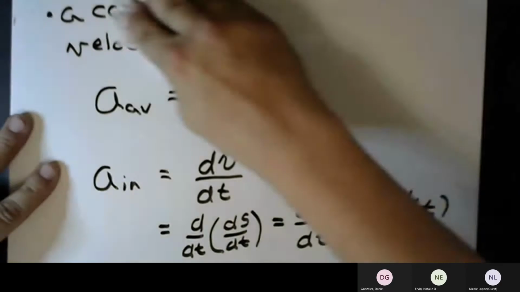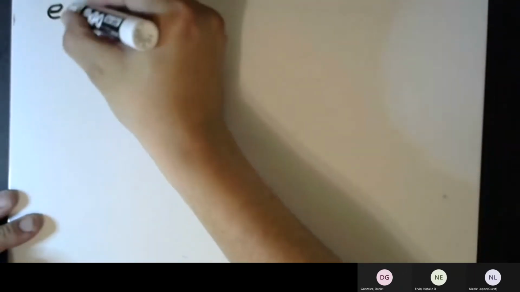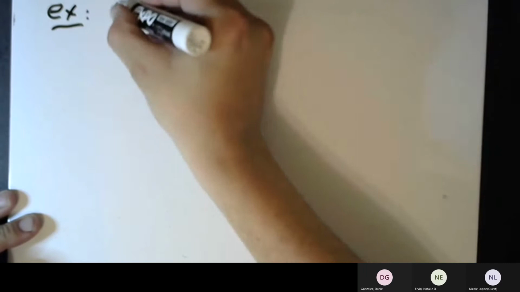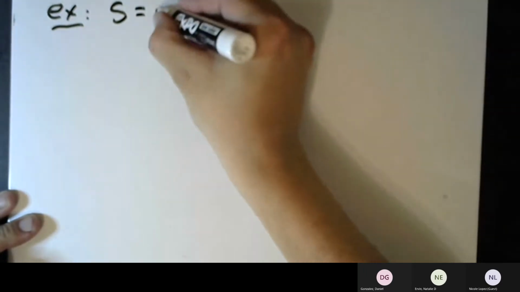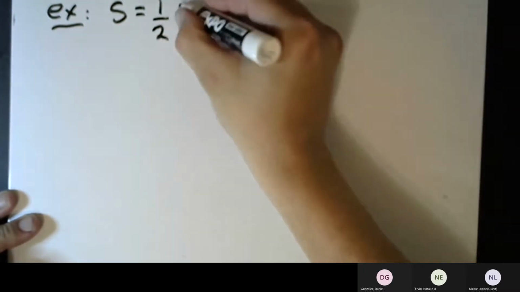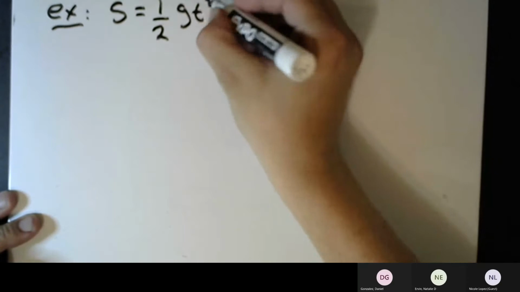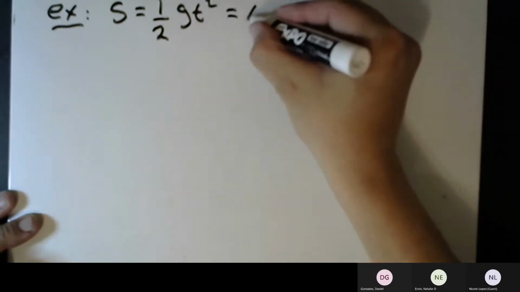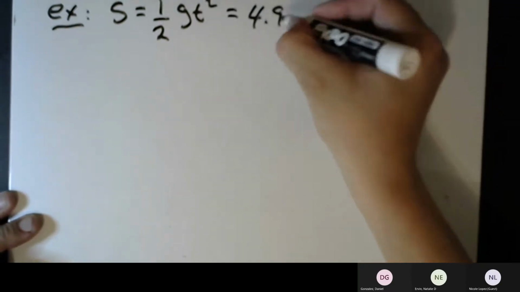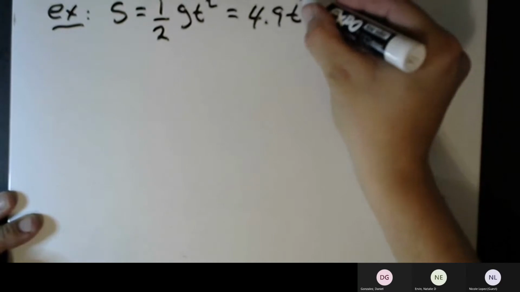So let's say we have this. Let's go back to our position function. S equals 1/2 g t squared. And let's go with the metric system. We'll go 4.9 t squared.